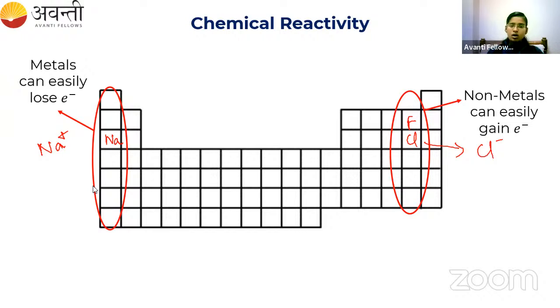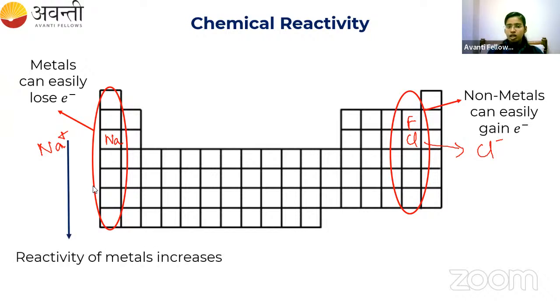Okay. So now, if you compare the reactivity of metals alone, it increases on moving down the group. If I compare lithium, sodium, potassium, rubidium, and cesium, cesium will be more reactive compared to rubidium. Rubidium will be more reactive compared to potassium.